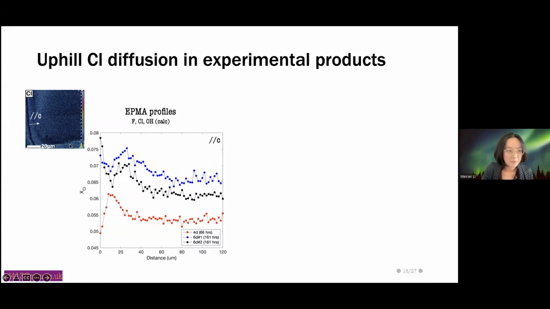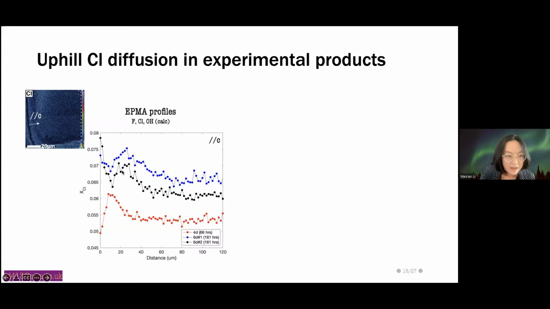Here's an X-ray map for the chlorine for a crystal, and you can see the boundary of the crystal. We performed profiling parallel to the z-axis of this crystal, along this white arrow direction. Here I show similar profiling obtained for 3 crystals annealed for different times.